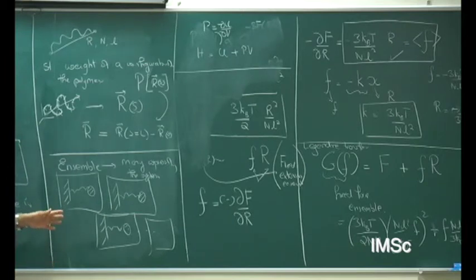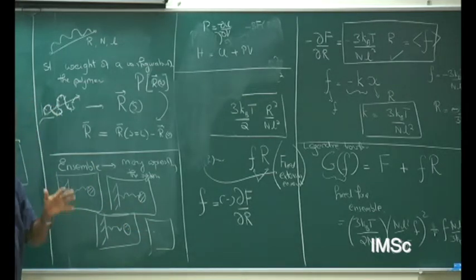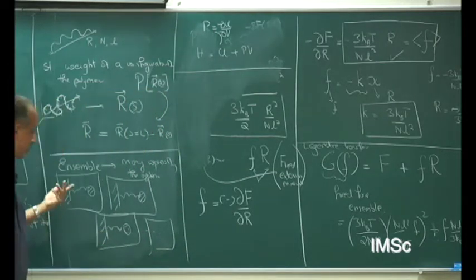So the idea of the ensemble is nice because you don't have to follow in time what this is doing. It's enough if you understand the statistical weight of this versus this versus this, which is like taking lots of copies of the system, looking at what the system is doing at any time in each copy and averaging over those copies. That is why I use the word ensemble here. An ensemble I can fix according to a particular constraint.